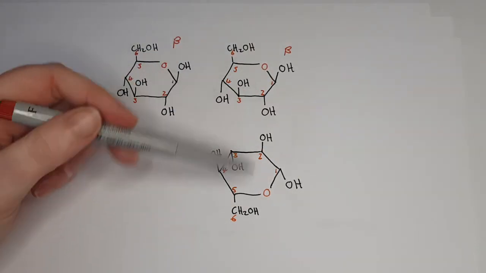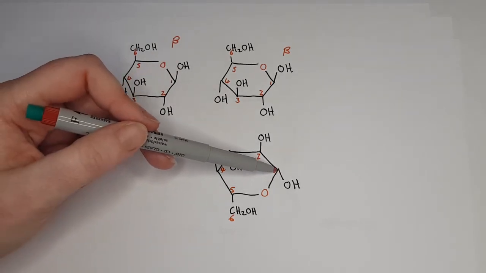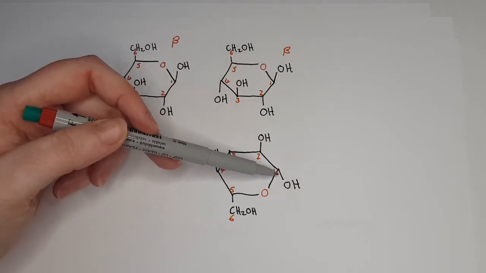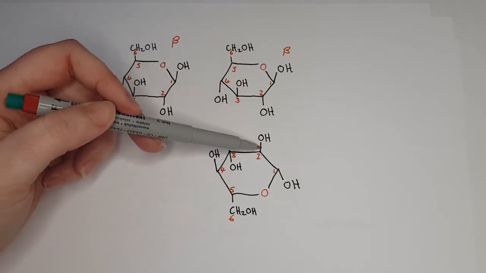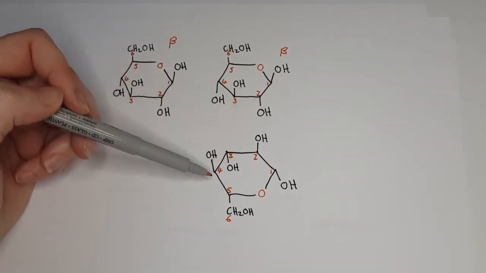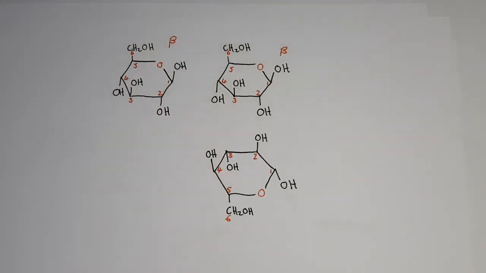So now everything that was at the bottom is now at the top. So now in carbon 1, because it's upside down, where it was up, it's now down. And where it was down, now it's up. Where it was up, now it's down. And where it was down, now it's up. Okay, so now I flip that around.